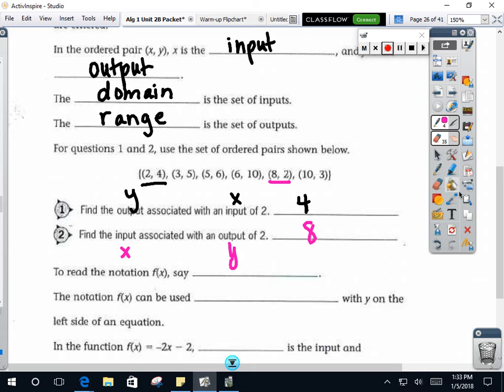Okay, to read the notation f parenthesis x parenthesis, you're going to say f of x. Okay, that's how you say that, f of x.